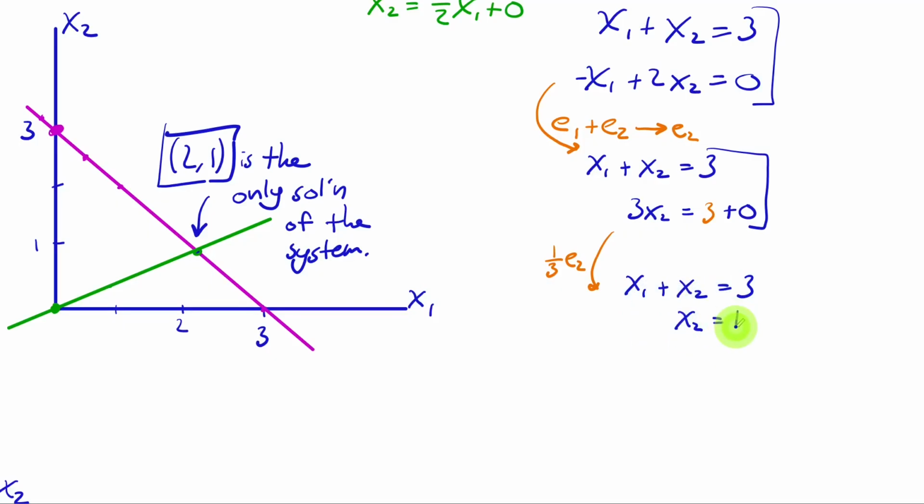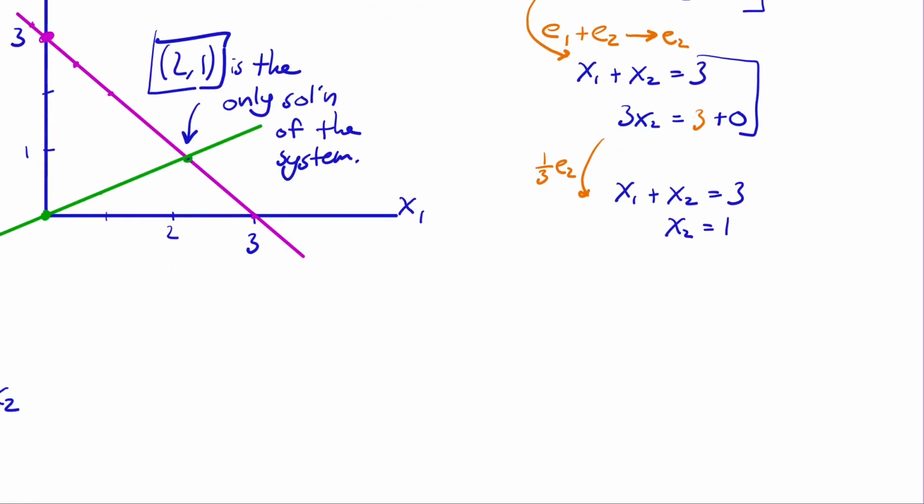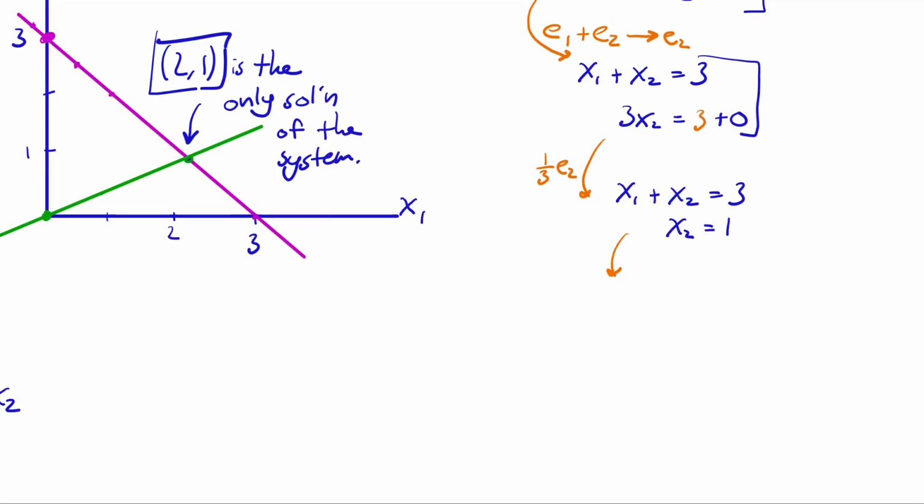And now that you know that, if we were doing the substitution method, you would say, oh, let's just substitute that in there. And that's fine, but I want to get used to using the method that's going to help us when we have much more complicated problems, just to learn how it works. So to continue eliminating this x2, instead of just substituting, we can say, I'm going to take negative equation 2 plus equation 1, and that is going to replace equation 1.